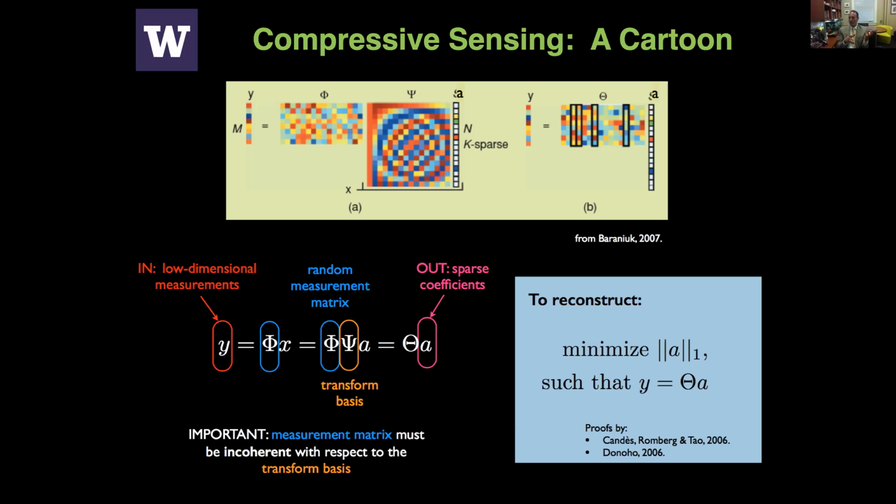You have some random measurements, a small number of them, with an underlying signal that is actually compressible. All you really need to do is learn the non-zero coefficients of that matrix, so in other words, you solve Ax equal to b, promote sparsity. That's compressive sensing in a nutshell.